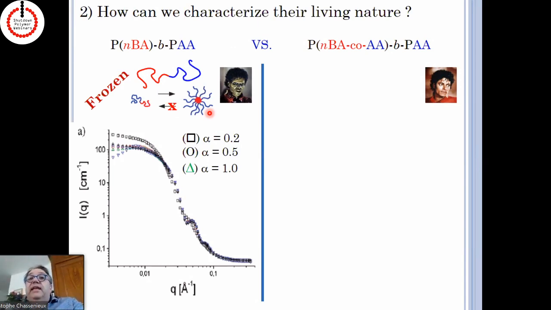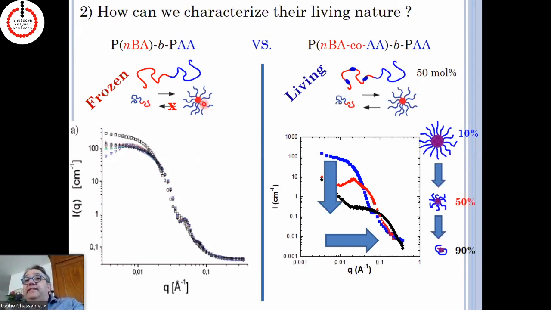Okay? Now, if I look at a living system, exactly the same, but I incorporate within the hydrophobic block some acrylic acid subunits, you can see that if I play with the ionization degree from blue to black, I have a sharp decrease of the scattering intensity at low Q, which means that I have a decrease in the molecular weight of the system.